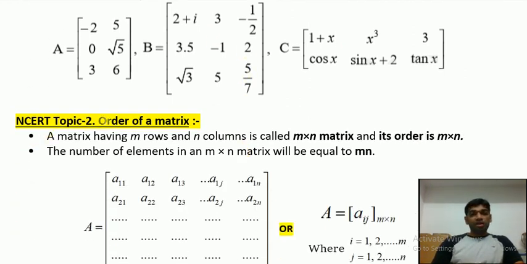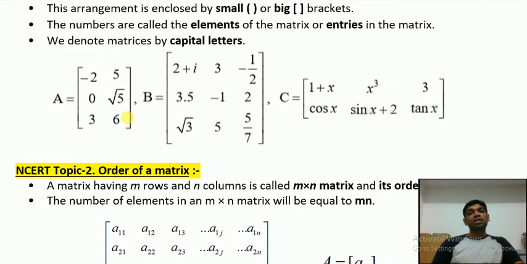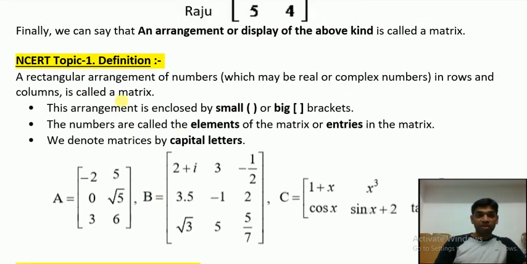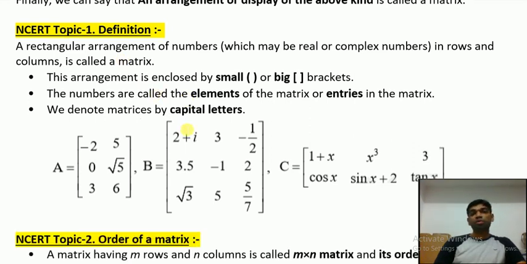Okay, this is NCERT topic 2, order of a matrix. Some students may wonder why I have written NCERT topic 1, NCERT topic 2. I have used these denotations only to symbolize whether a particular topic comes from the NCERT book or from an outside JEE book.